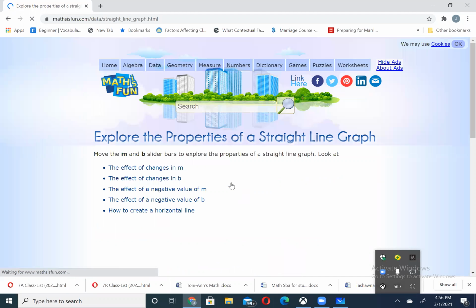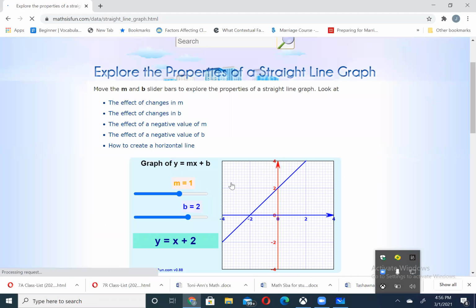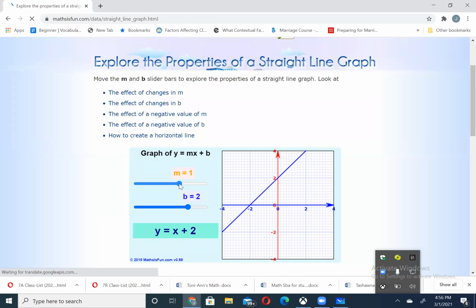We're going to be moving the m and b pointers, the sliders, to see what happens when we do. So this is m, and we know m represents what again? M represents what, guys?